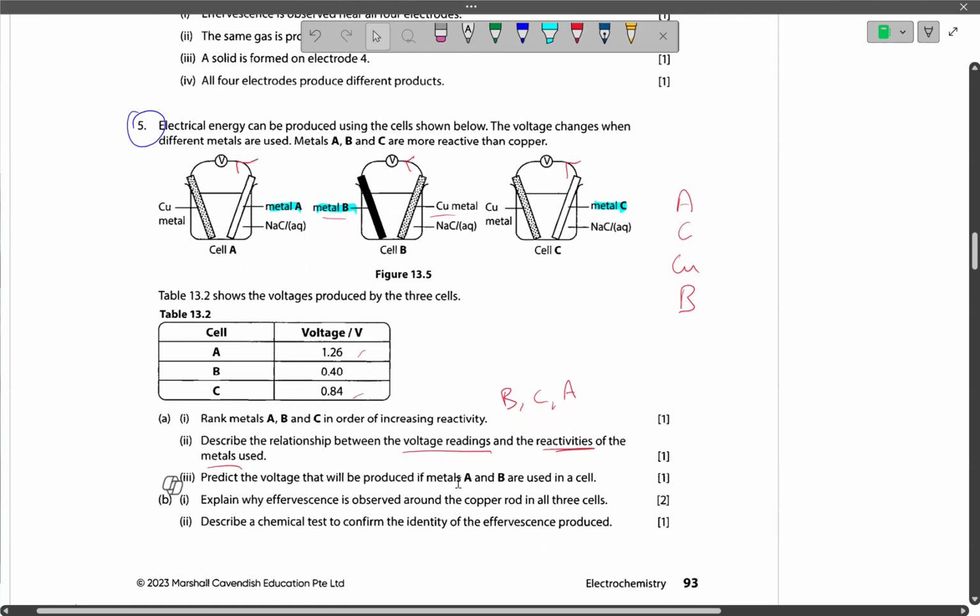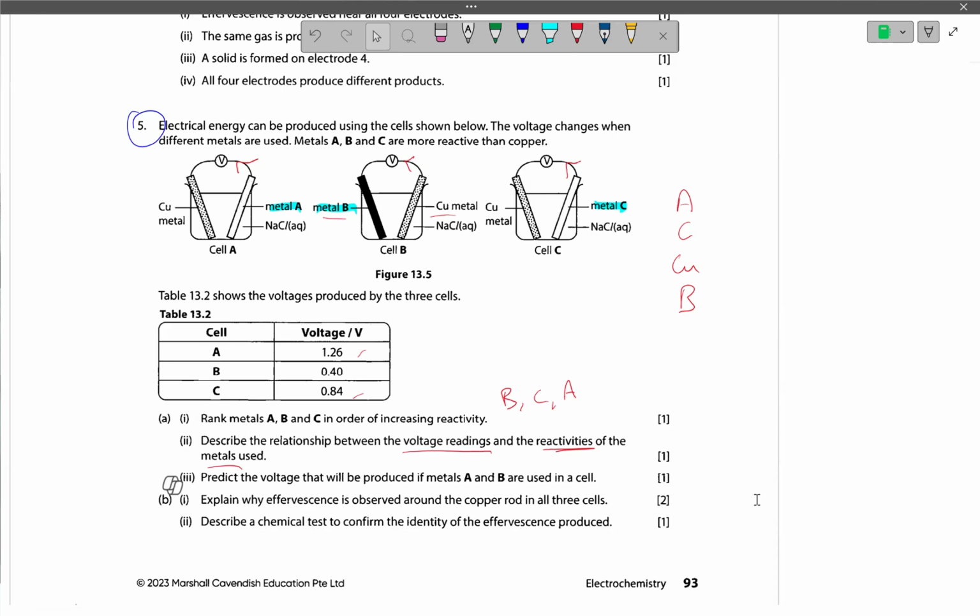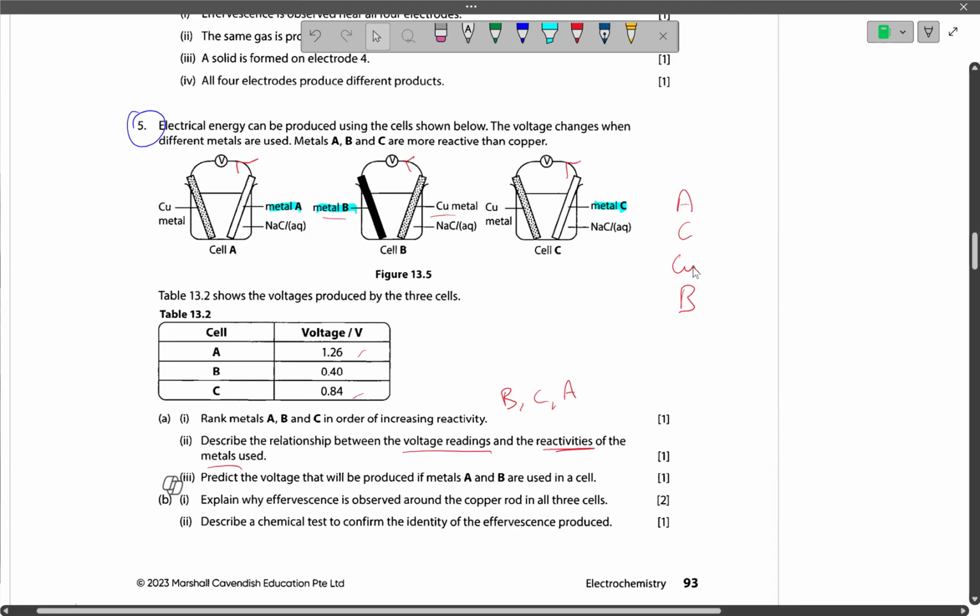Okay, predict the voltage produced if A and B are used in a cell. A to C, C to B. Yes, correct. Oh, did you say that?